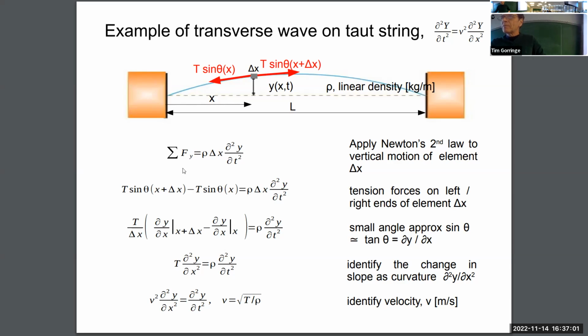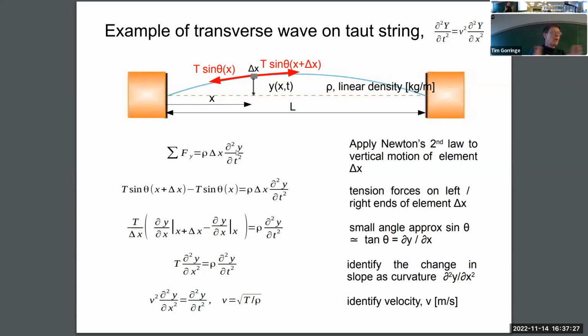So here's the sum of the forces in the y direction on the element. And this is mass times acceleration, written in this language of the linear mass density, kilograms per meter, times the length of this little section of the string, delta x. So this is a mass. And then here's the acceleration in the y direction.